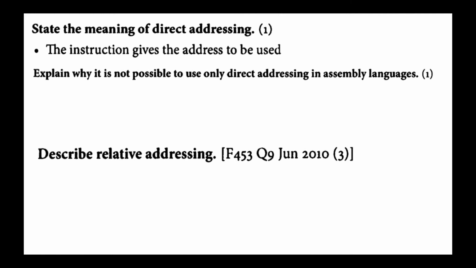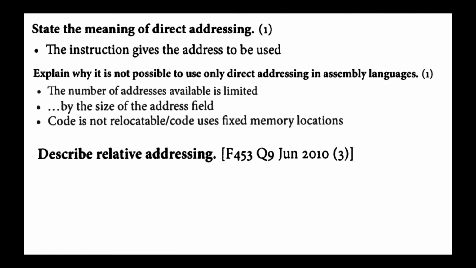Explain why it is not possible to use only direct addressing in assembly language. The number of addresses available is limited by the size of the address field. Code is not relocatable. So the way I would answer this is saying the number of addresses that are available are limited by the size of the address field.